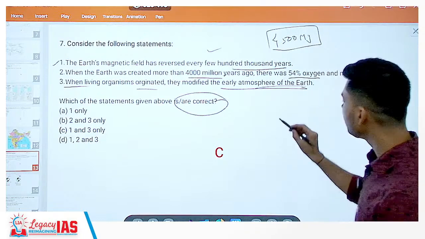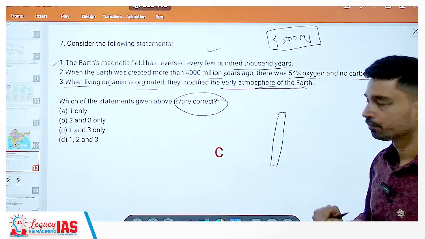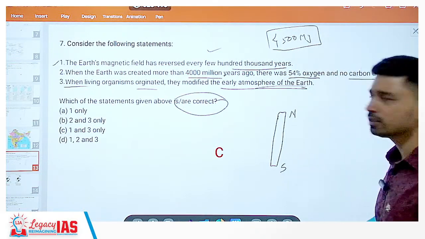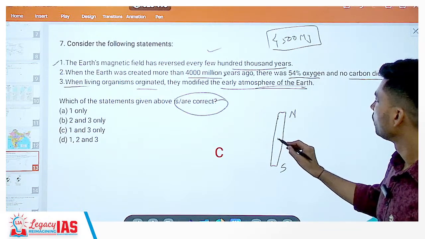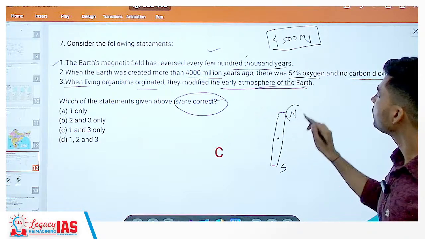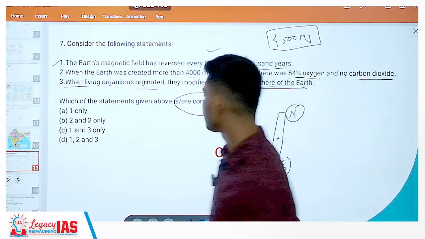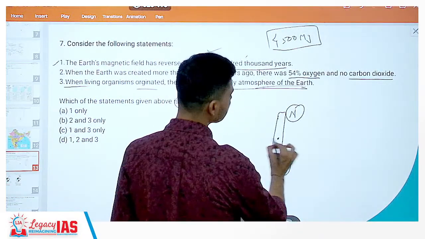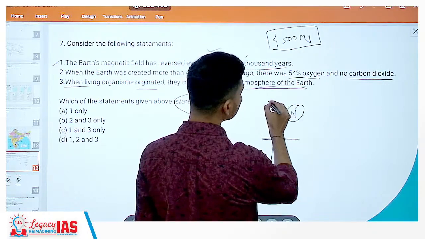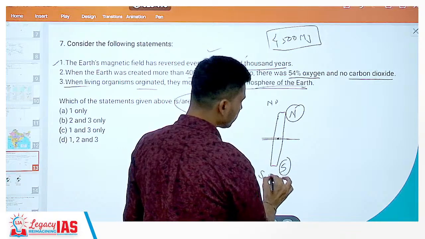And we know that the earth can be considered as a giant bar magnet. Every bar magnet has two poles, one is the North Pole, the other is the South Pole. So what the statement is saying is that there has been a reversal of poles in the earth every few 100,000 years. Currently, the magnetic North Pole is toward the geographical North Pole, and the magnetic South Pole is toward the geographical South Pole.